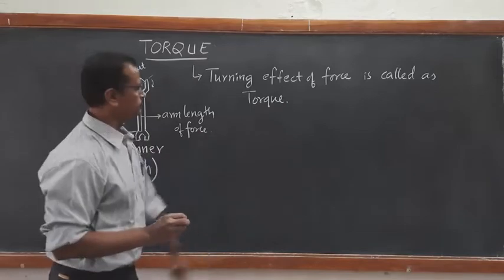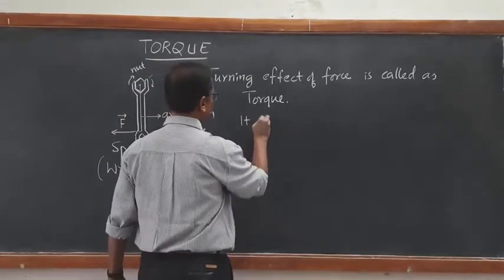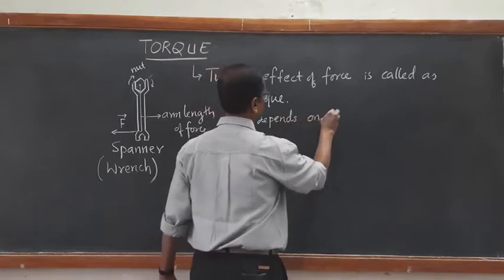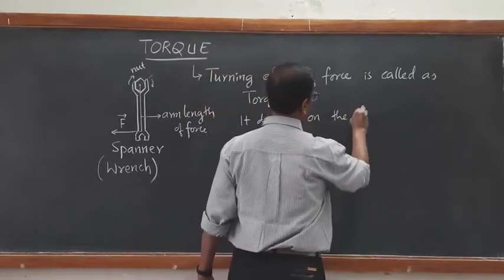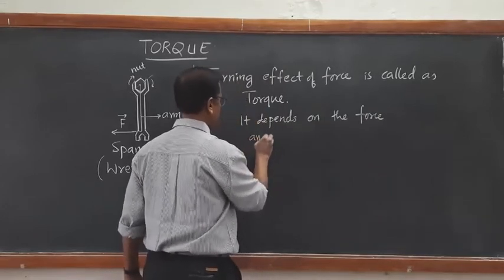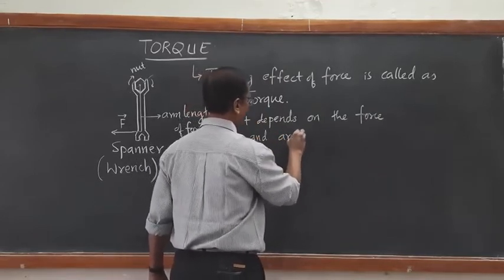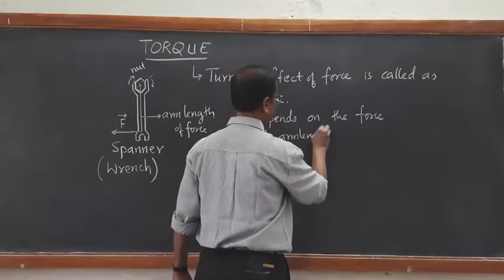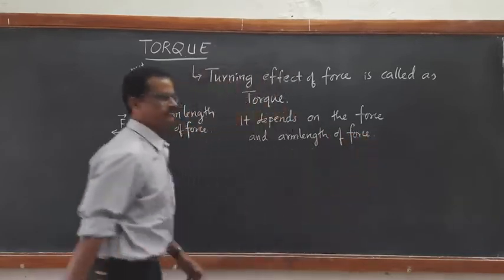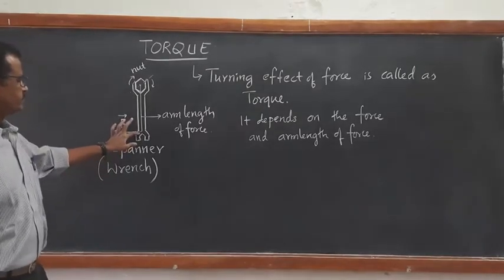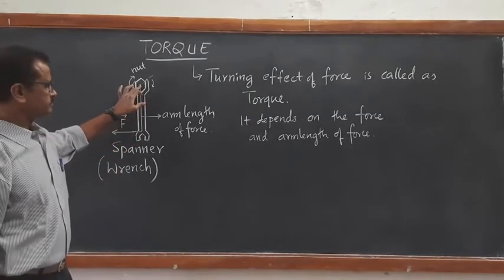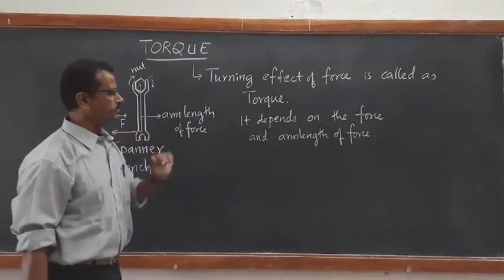It depends on two factors: it depends on the force and arm length of force. Arm length of force means the distance between the point of application of force and the axis of rotation. So this is called arm length of force.